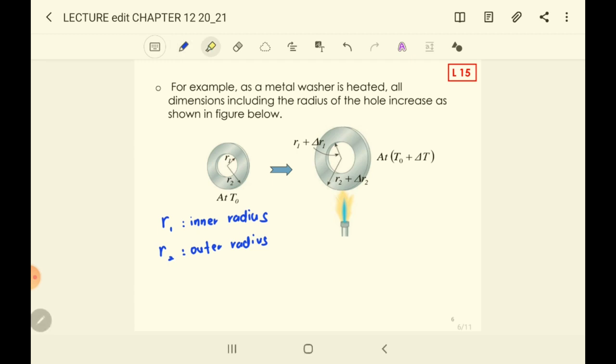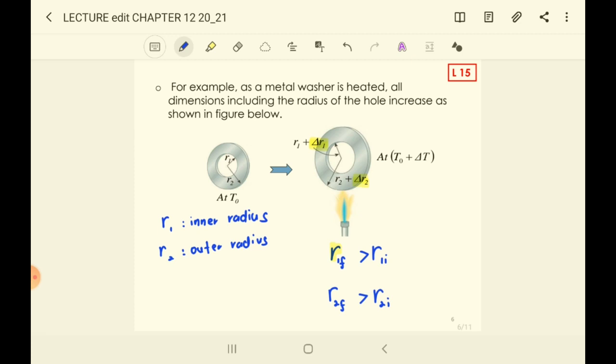The inner radius is increasing by delta R1, and the outer radius is also increasing by delta R2. This means that R1 final is bigger than R1 initial, and the outer radius R2 final must be bigger than R2 initial, because the radius is expanding.